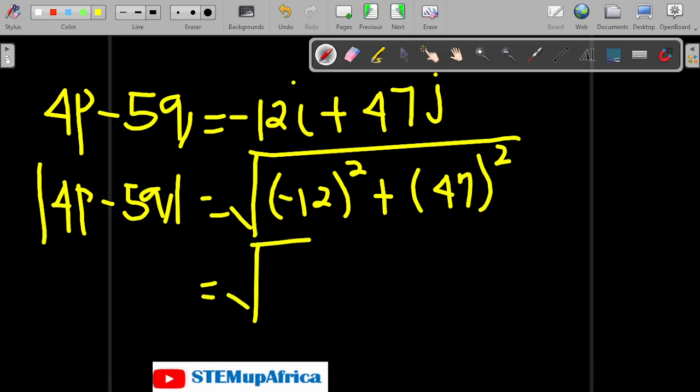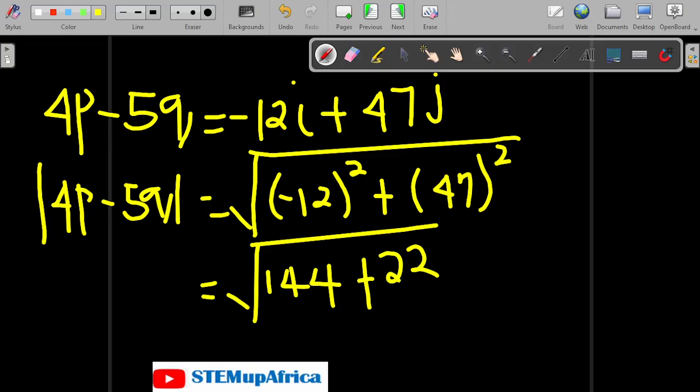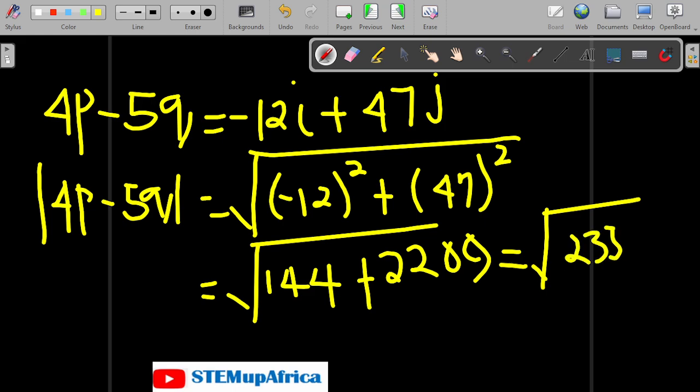Which is the square root of 12 squared, which is 144, plus 47 squared, which will give me 2209. If I add up to 144, that will give me 2353.